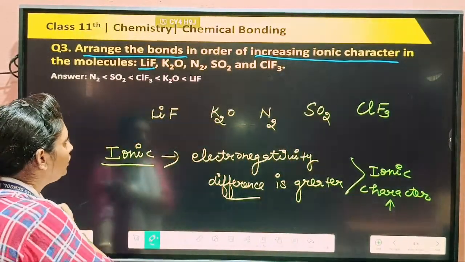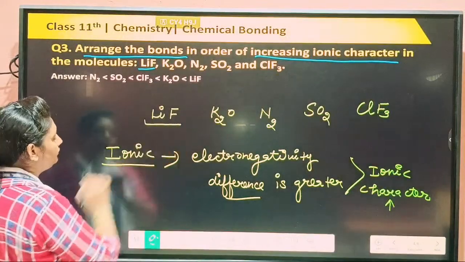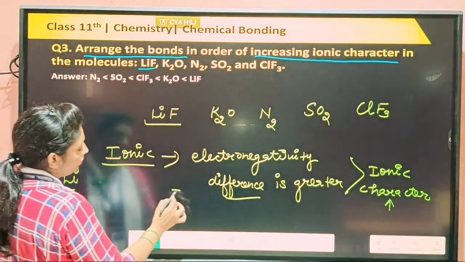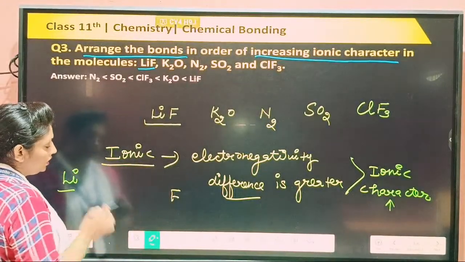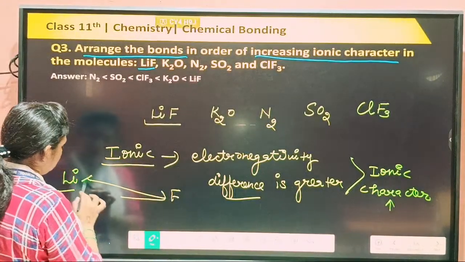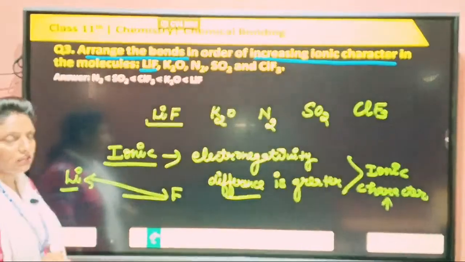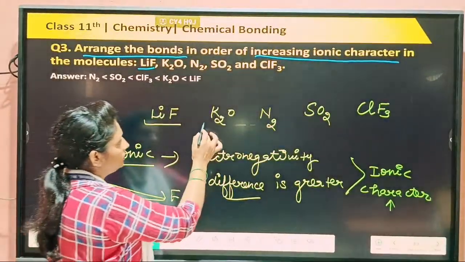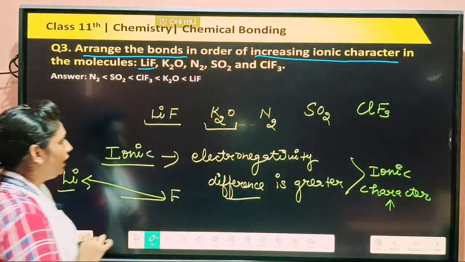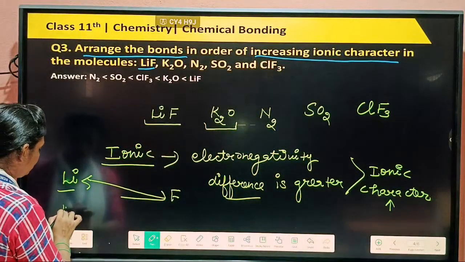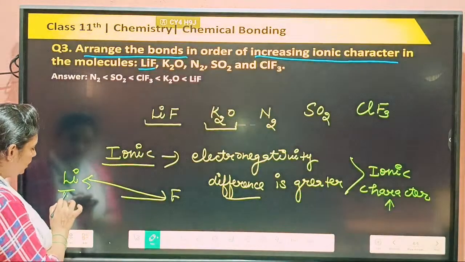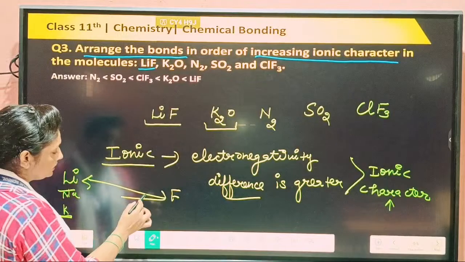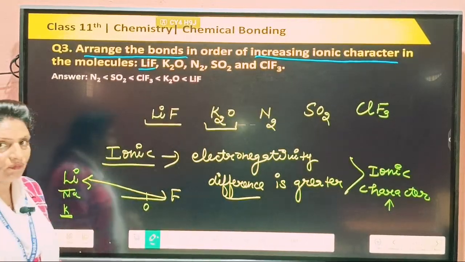Okay, so here you can say lithium exists in group number 1, but fluorine in group number 17. So the difference in electronegativity is so high. Between potassium and oxygen, potassium also exists in group number 1, but oxygen in group 16.